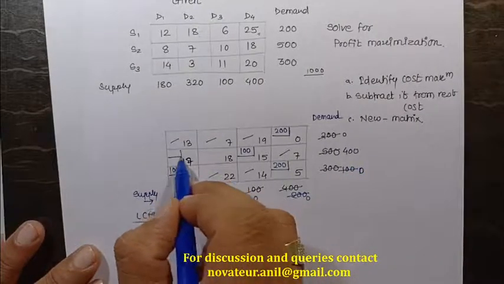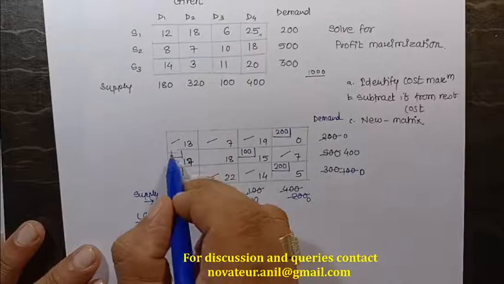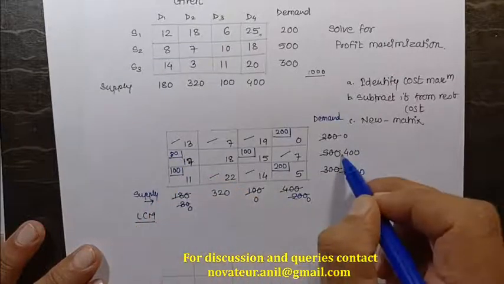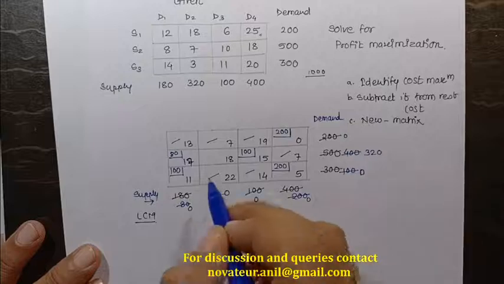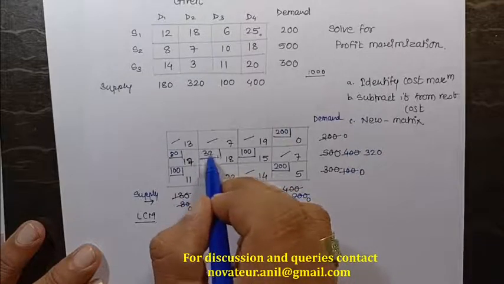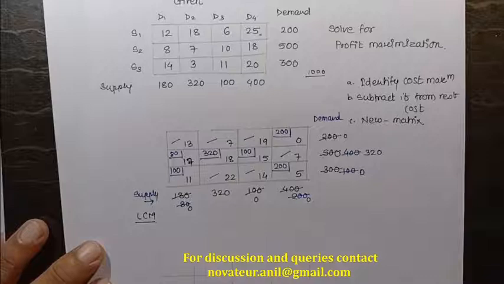Next is 17, I'm going to assign 80 to this, this becomes 0, remaining is 320, and it is 320 which is left, so this is what I'm going to write down.